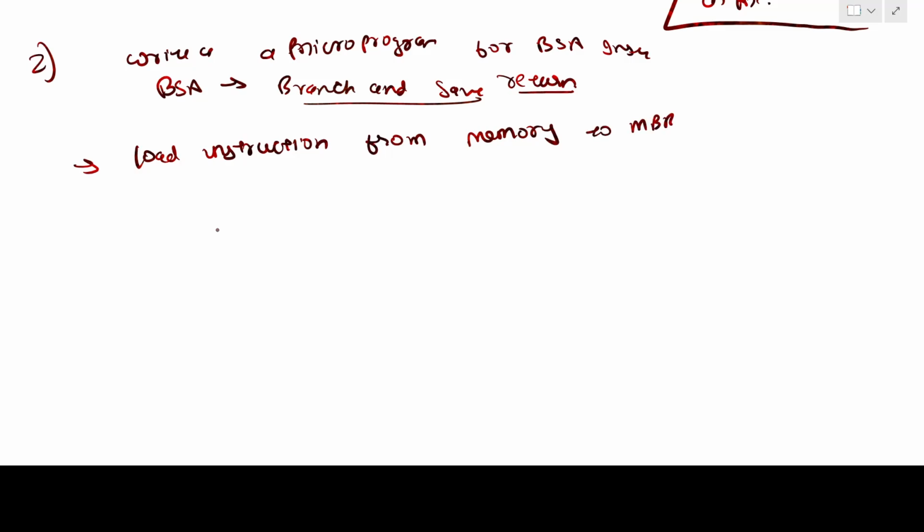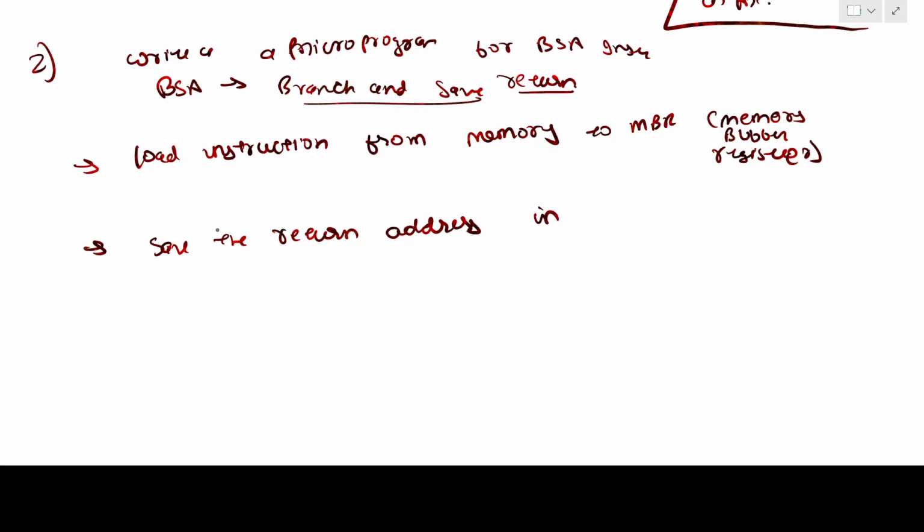Secondly, we save the return address in memory at the location specified by the operand of the BSA instruction.